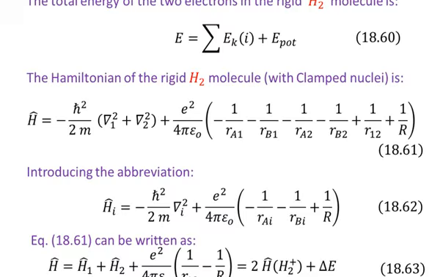So you see that we have proposed a Hamiltonian of the hydrogen molecule under the rigid condition, or the clamped nuclei condition, where capital R is fixed.